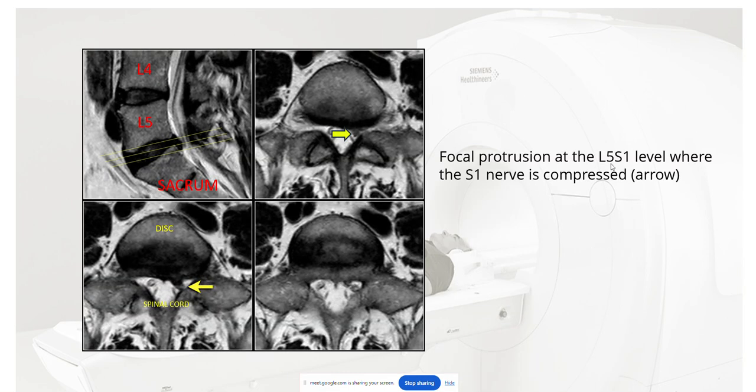Focal protrusion at the L5 S1 level where the S1 nerve is compressed. This one is the level of L5 and S1. Okay, this is a sagittal image showing the protrusion of the disc, and this one is the axial image. This one, the protrusion of the disc here.